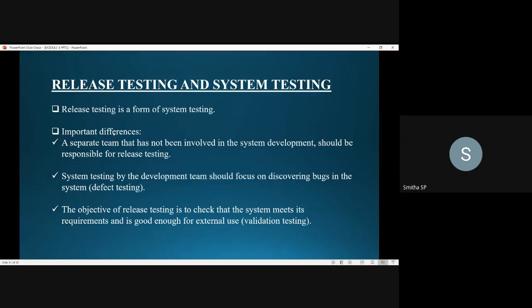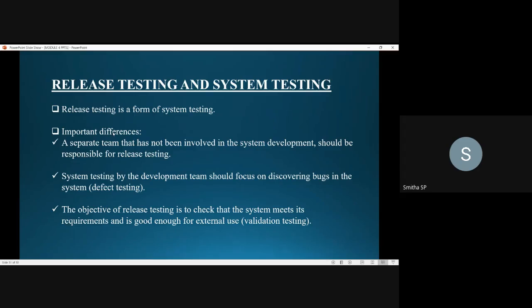We can also say one more difference: system testing is white box testing, because you will be checking the code, whereas release testing is black box testing. Why? Because you test whether the specifications have been met, whether the customer requirements have been satisfied, and you test the features of the software. So these are the differences between release testing and system testing.